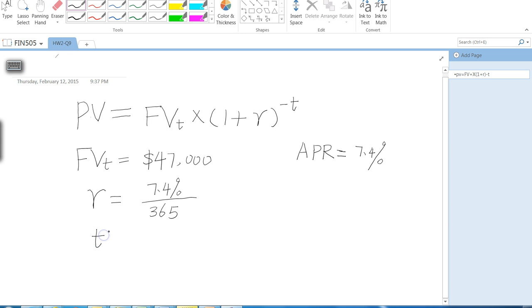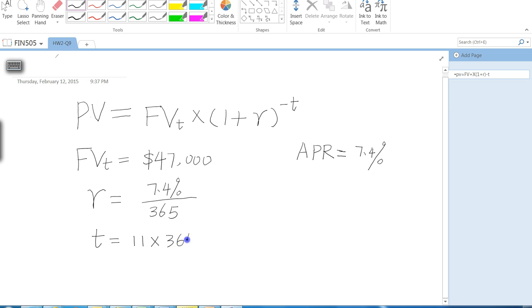So again, importantly, we have to be consistent. We are working with the daily interest rate, so we also need to work with the number of days rather than the number of years. The number of years is 11, hence it's very straightforward to get the number of days.